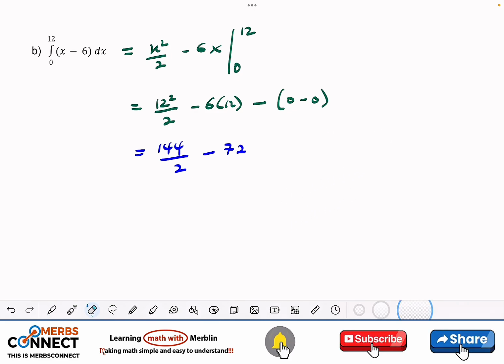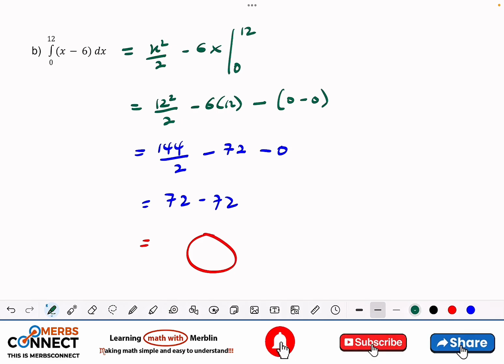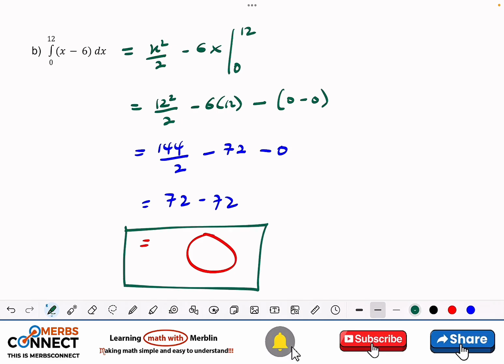So I'm right. Then this is going to be minus 0, and 144 divided by 2 is, I think, 72. Yes, and this is going to give us 0. This is our final result, so we need to have a big 0. Right, so that's what you're going to get.